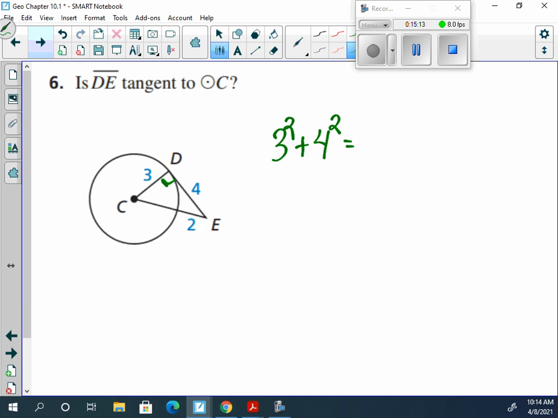So what would that distance be? Because the distance, or the line CD, is the radius, yes? And we know it is 3.